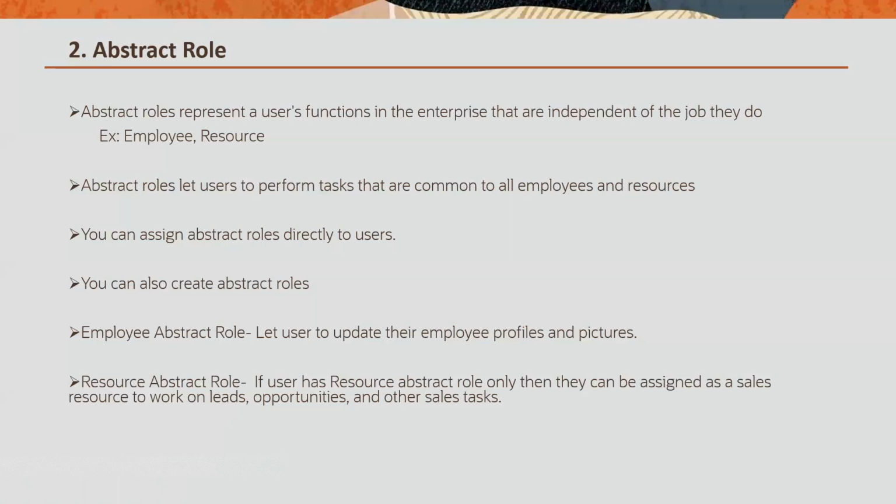You cannot be the owner of a lead, an opportunity, or any other object. To make someone an owner, we need to use this resource abstract role. And these abstract roles can be assigned directly to users.